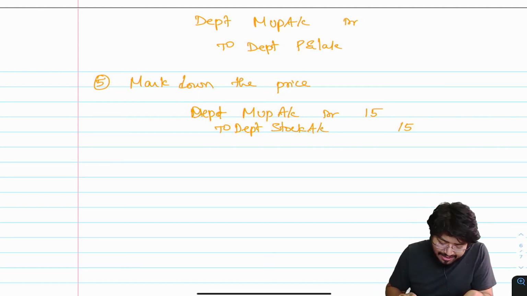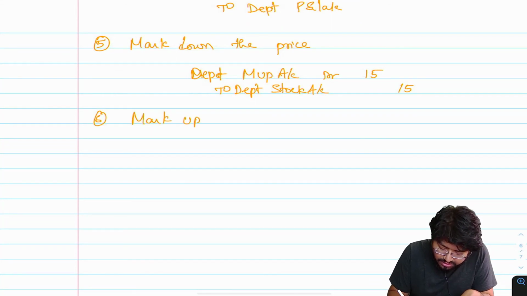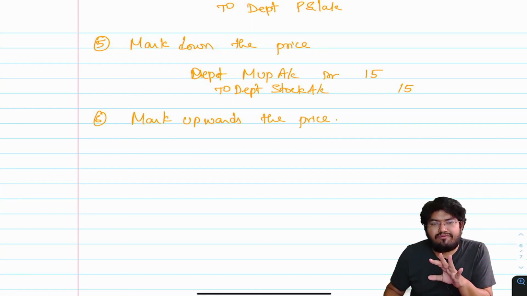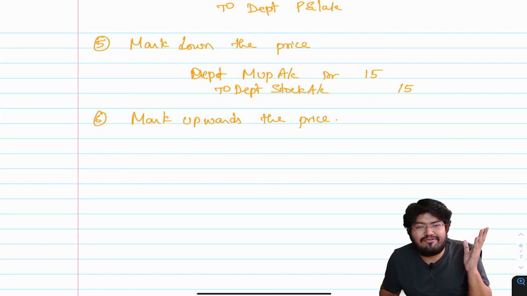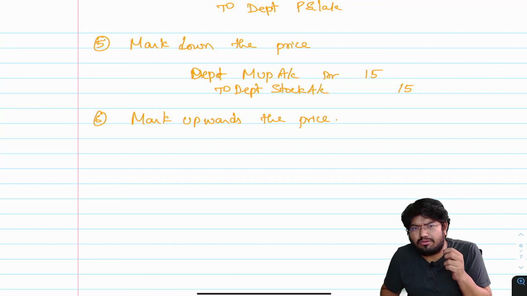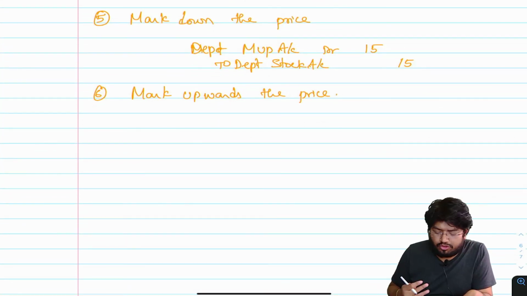Same way, at times you may have to mark the price upwards. That means you are selling for 150, but competitors are selling for 170. Why should you sell for 150? You can also make more money, no? In which case you will add that extra profit to the markup account.